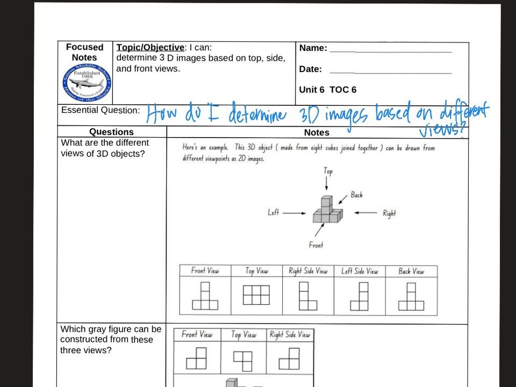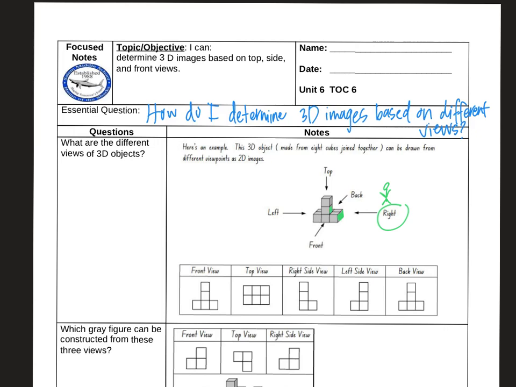Okay, now let's use a different color to look at a different view. We're going to look at the right side of this 3D object, and I'm going to use green. If we were standing over here and looking at this side of the object, we would see 2 on the first row at the bottom.